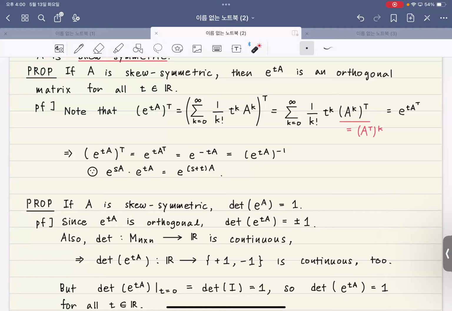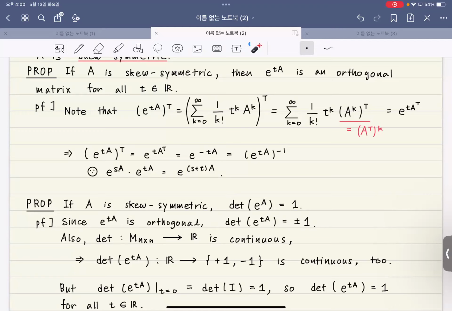Okay. All right. So what I want to do is compose this function with the matrix exponential e^(tA), whose possible outcomes are plus or minus 1, right? And so this is a continuous function.